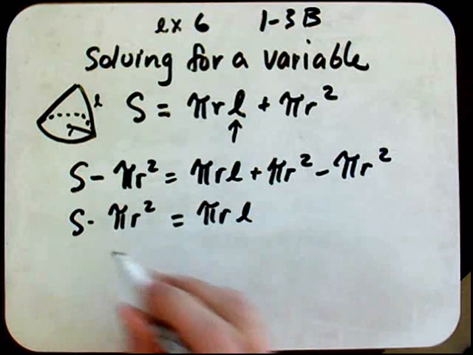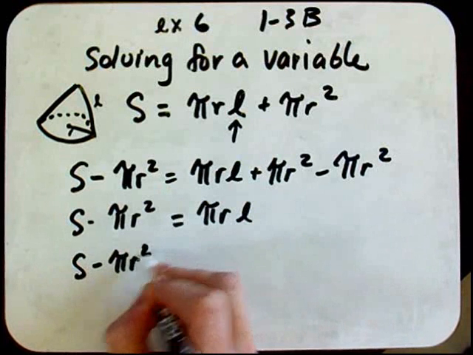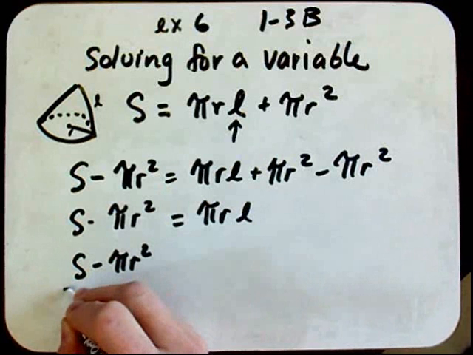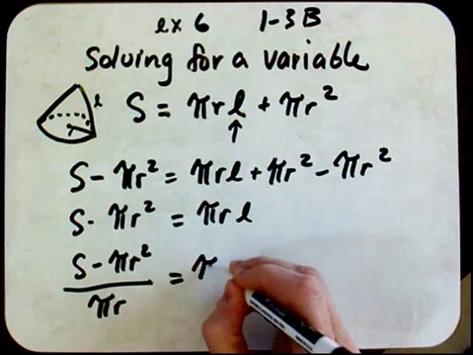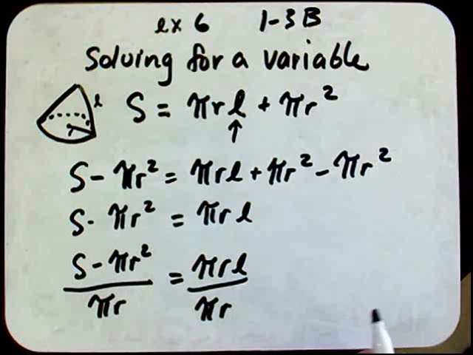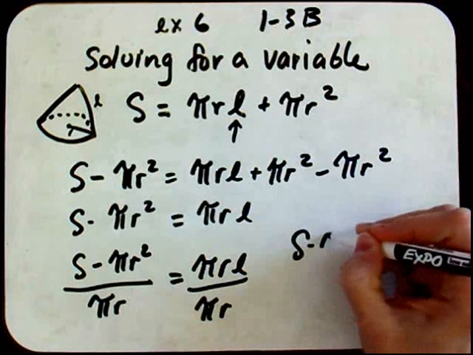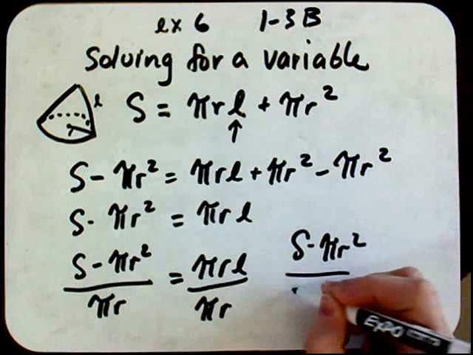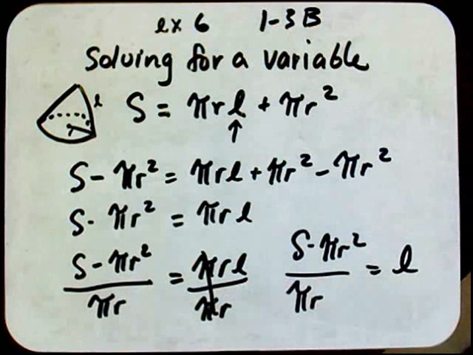So on the left we have S minus pi R squared over pi R, equals pi RL over pi R. And when we cancel, we're left with S minus pi R squared over pi R equals L. So that's how we find the slant length of a cone.